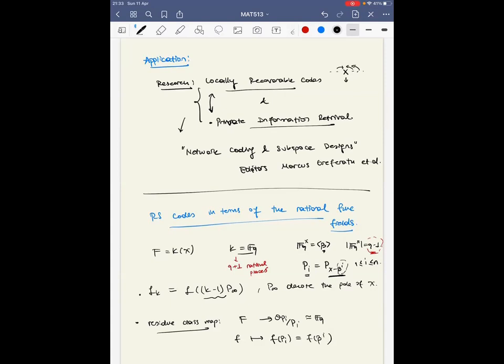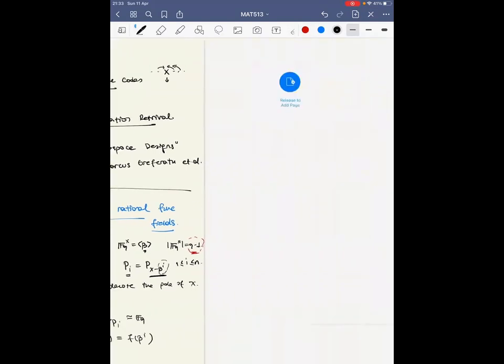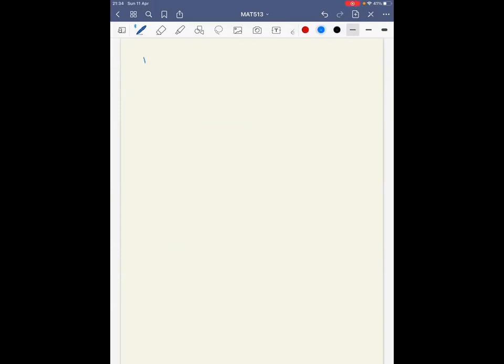To represent all evaluations, let me fix some notation.